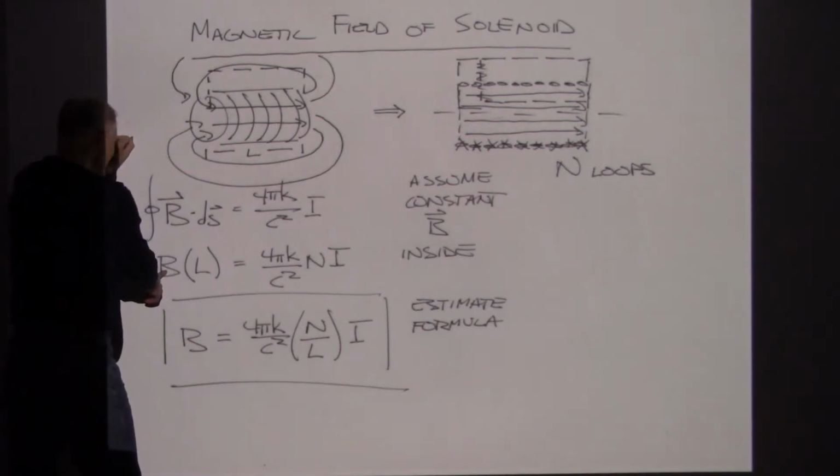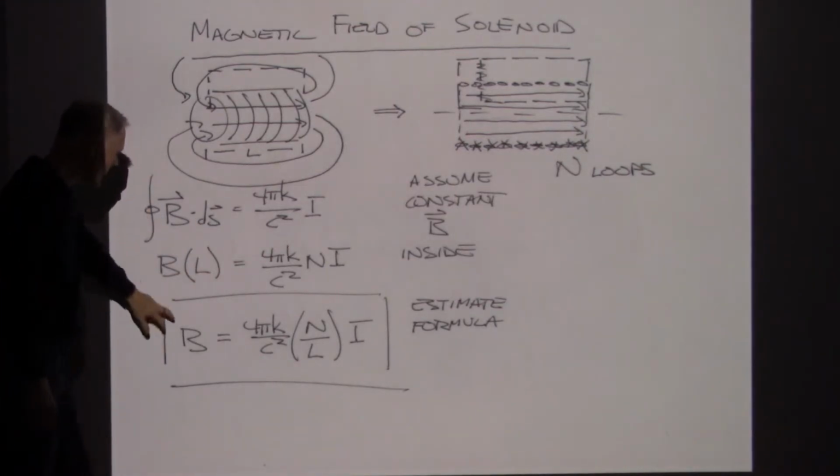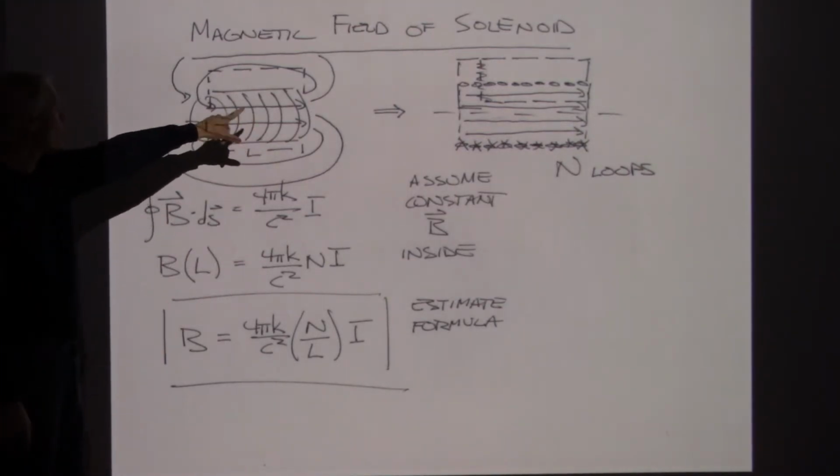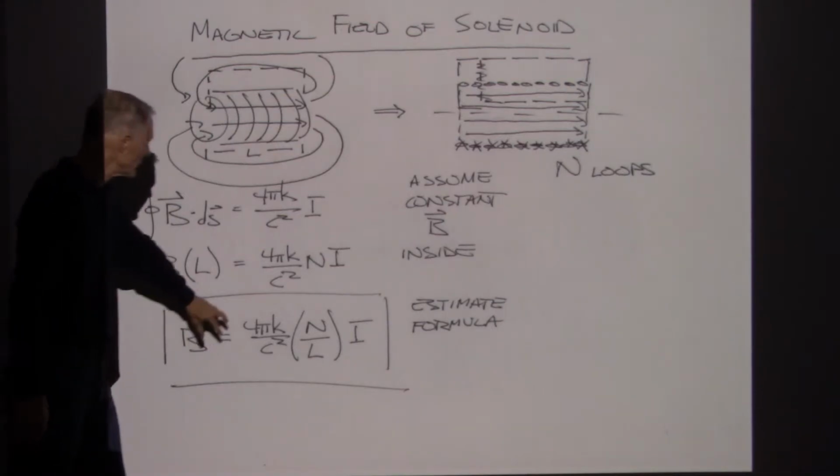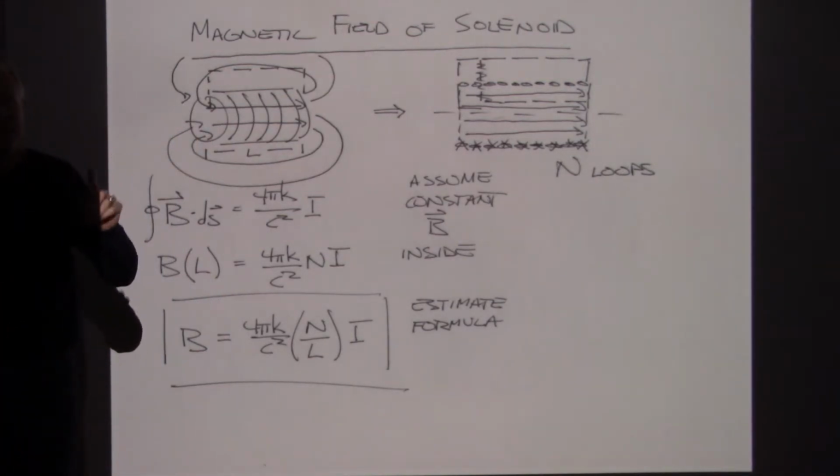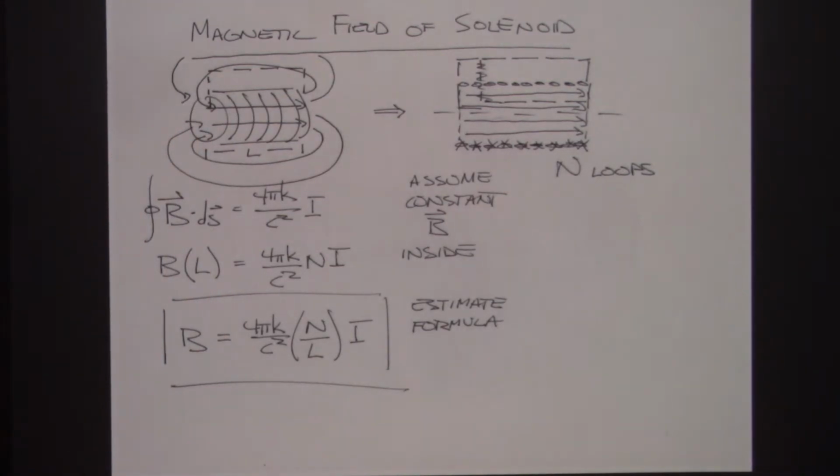And this distance here is L along the path, and so the magnetic field I'm going to get for this solenoid, the magnetic field of a solenoid, is all those constants, 4 pi k over c squared, times N over L times I. And that's a formula, and this is just a bit of an estimate.